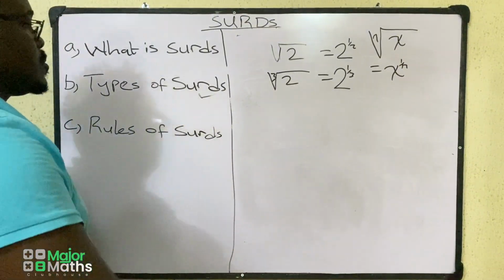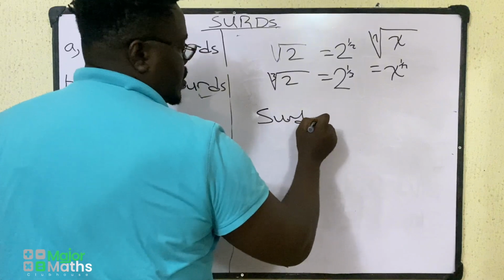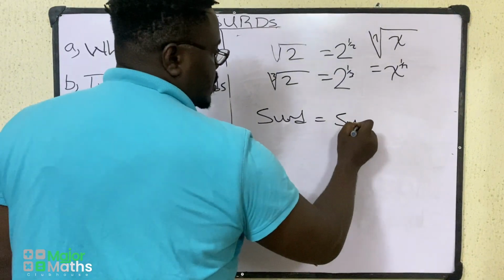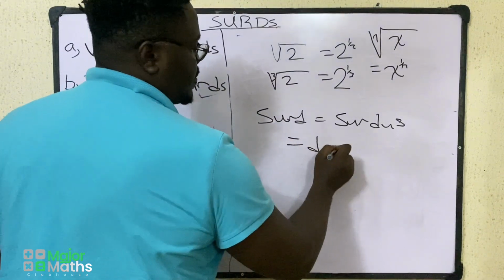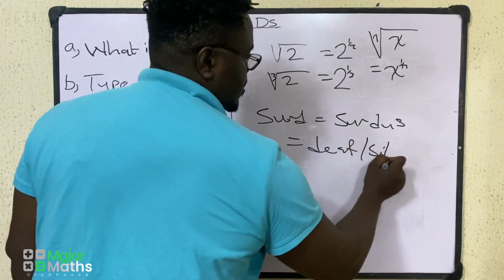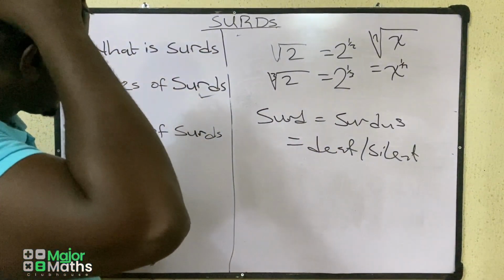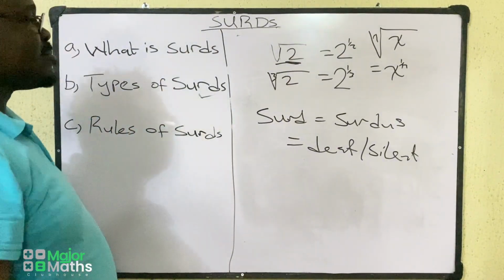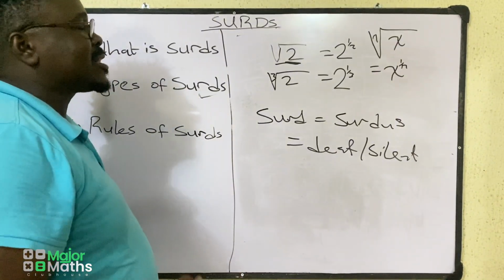Did you also know that surd also came from the word surdus, meaning deaf or silent? That's what they classified this as in ancient Latin. It was considered silent because it can't be simplified cleanly.